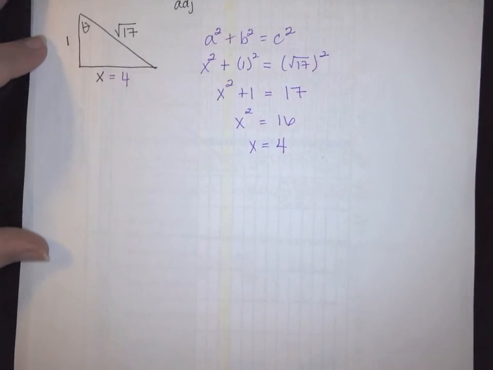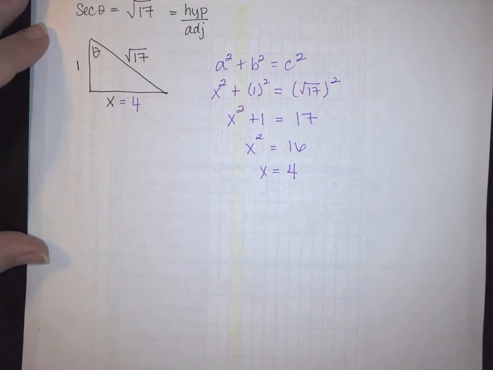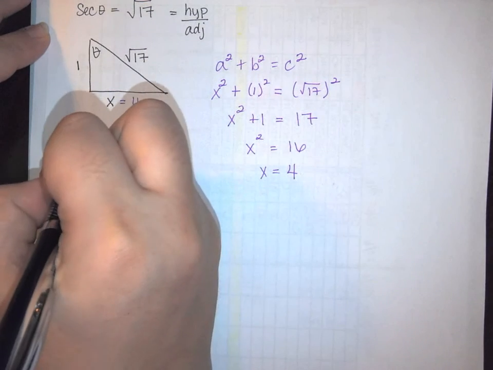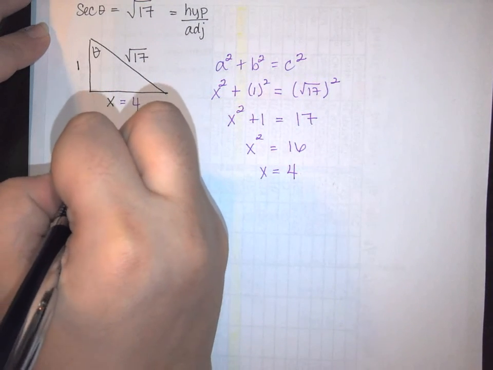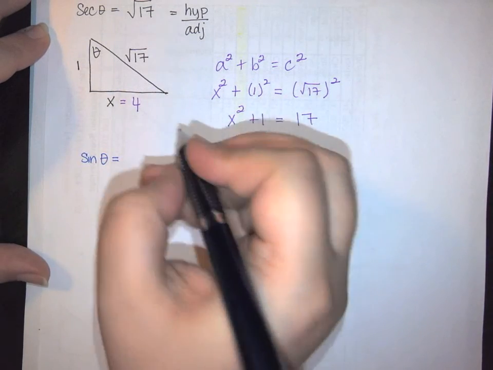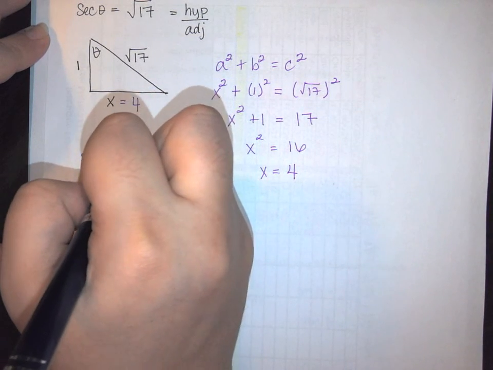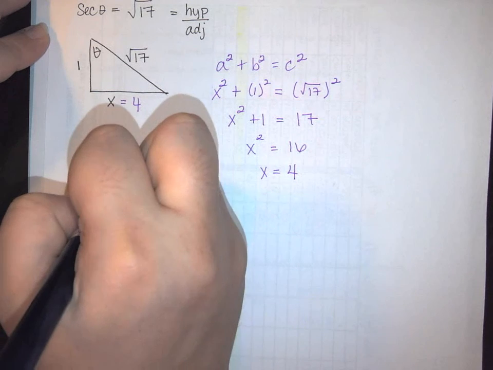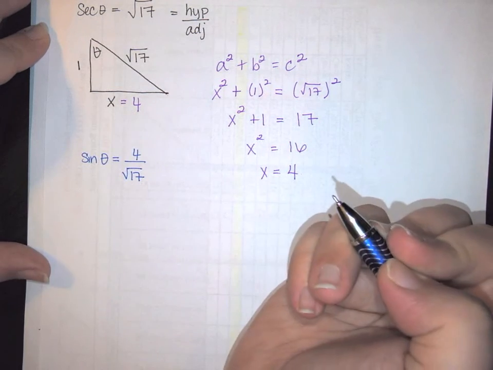Now once you know your side lengths, you just simply have to fill in the missing pieces. So here the first one we're going to have is sine of theta. Sine, again, is opposite over hypotenuse, so this is 4 over the square root of 17.